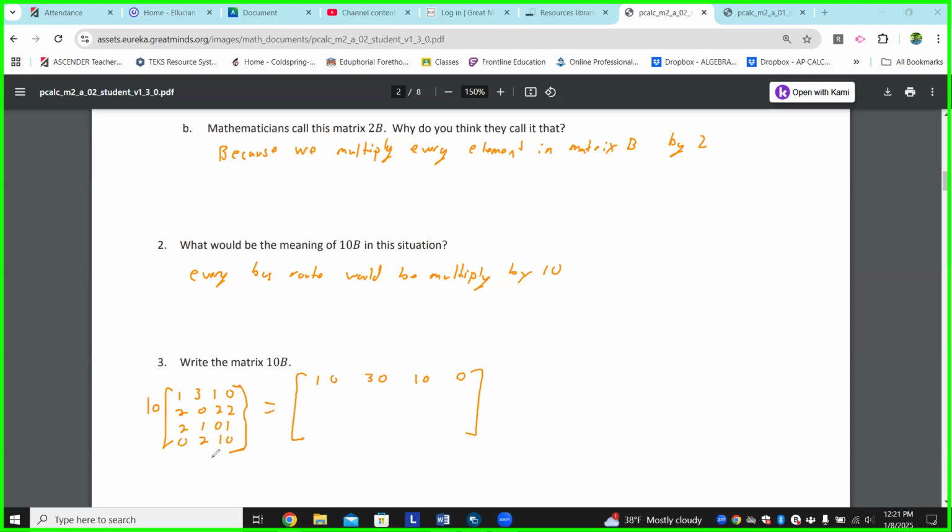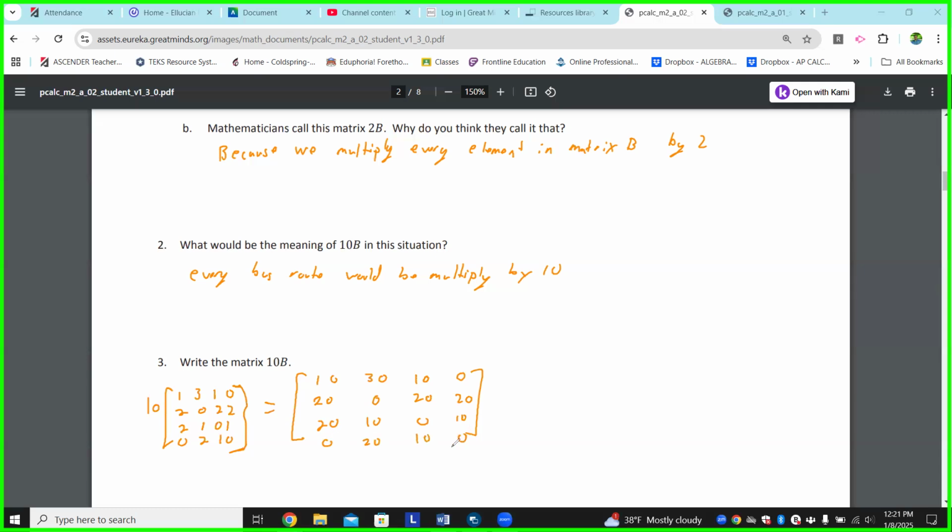Again, we're multiplying the original matrix by 10, not the doubled matrix. So then you should have also gotten 20, 0, 20, 20, 20, 10, 0, 10, 0, 20, 10, 0.